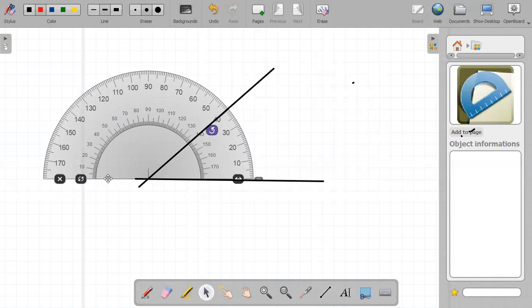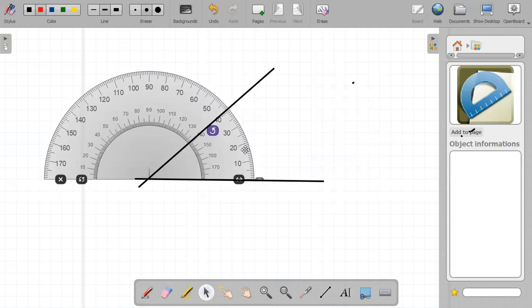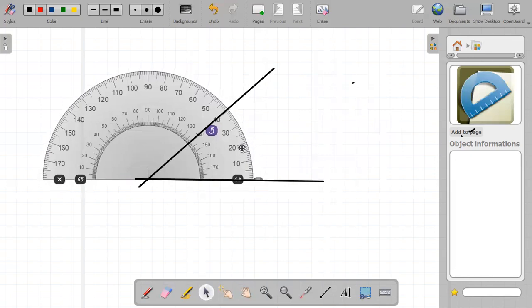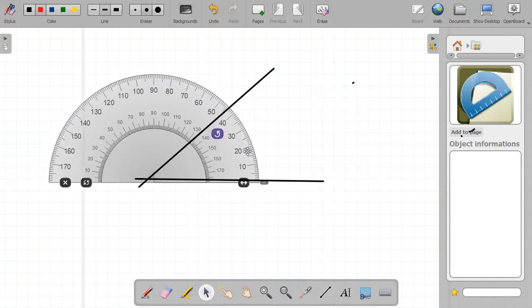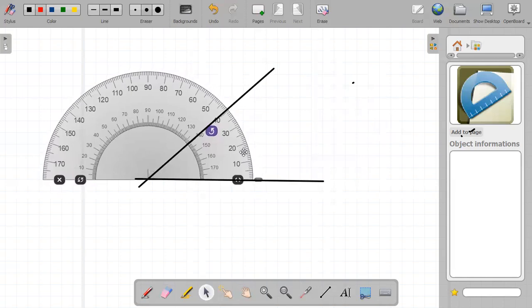One of the zeros on your protector, please place on one arm of the drawn angle like this. The center point is on the vertex and one zero of the protector is on one arm of the angle.